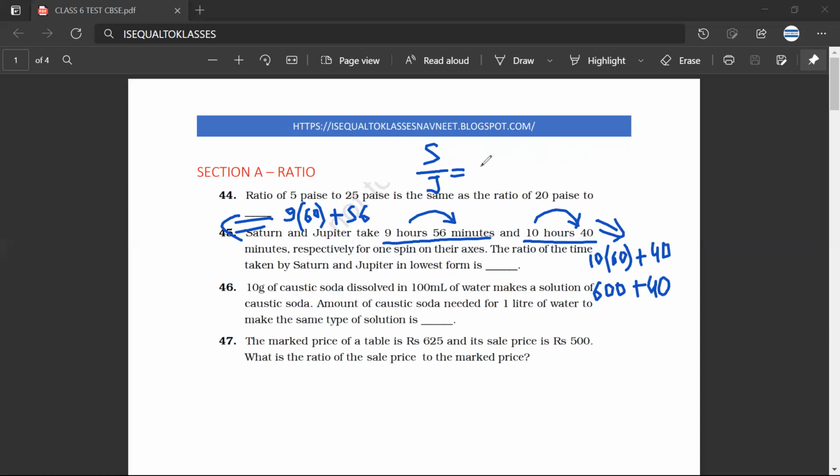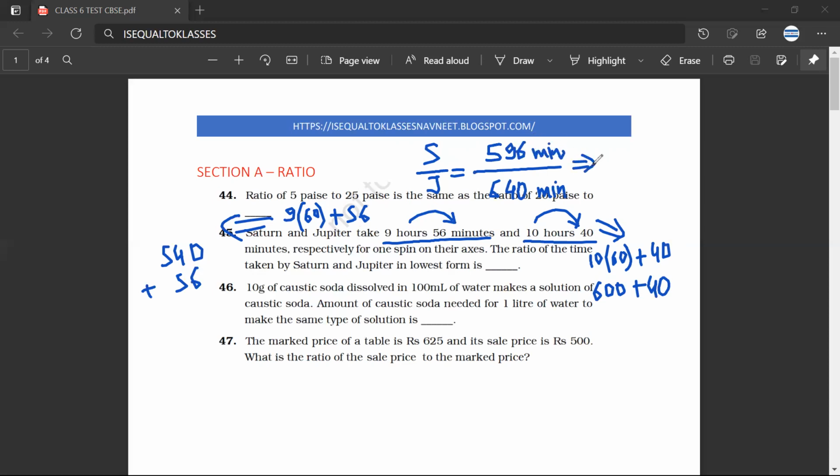So Jupiter's time would be 640 minutes. Is it correct? Yes, sir. And this would be 9 times 60 is 540 plus 56. This will be 596 minutes. Is it correct? Yes, sir.